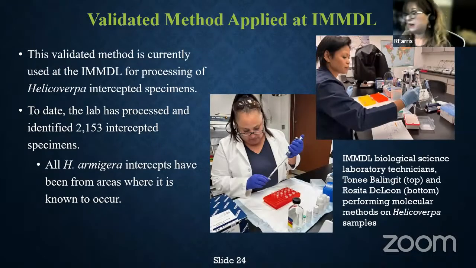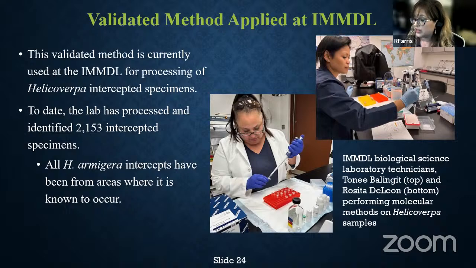This validated method has actually been applied at our laboratory. It's used for processing Helicoverpa intercepted specimens. We routinely receive Helicoverpa immatures coming in from different ports of entry. Just this past month, we received over 40 specimens that came in from the port of Miami.